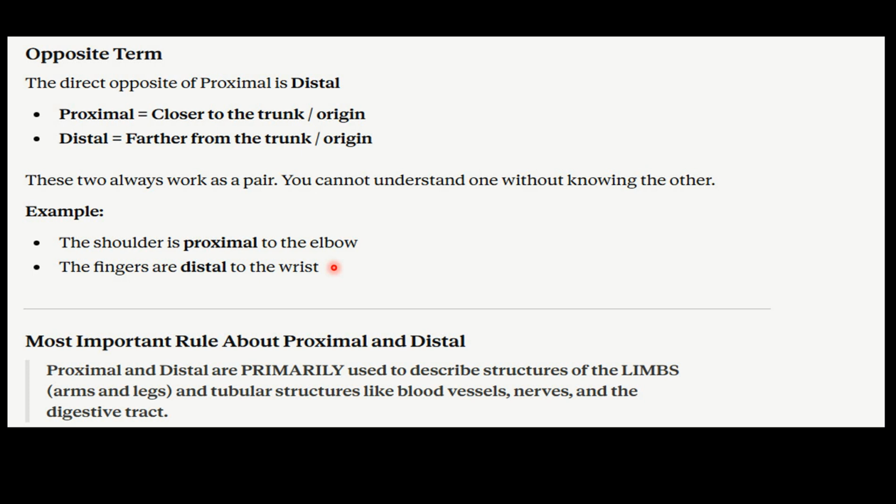Clear? So most importantly, proximal and distal are primarily used to describe the structure of limbs, that is arms and legs, and tubular structures like blood vessels, nerves, and the digestive tract. Clear? Alright.